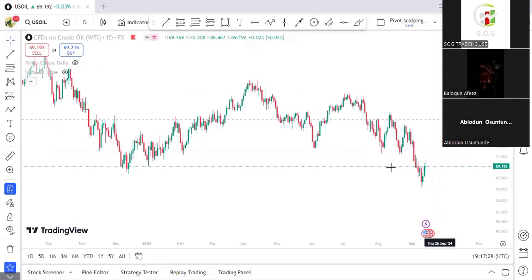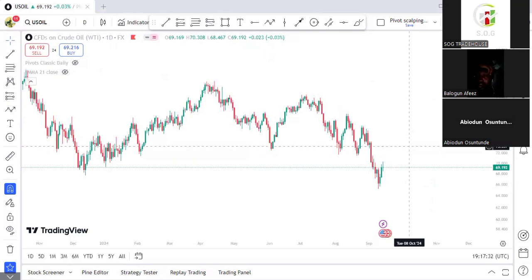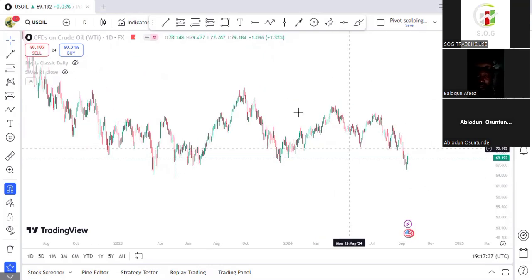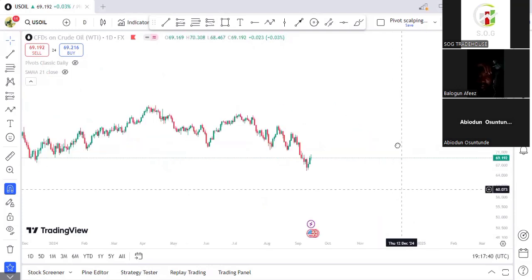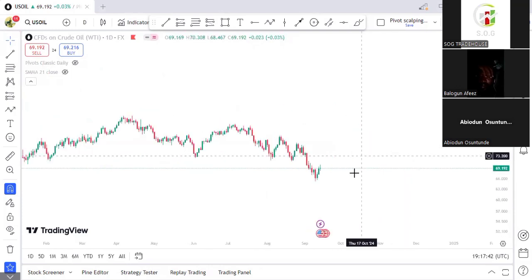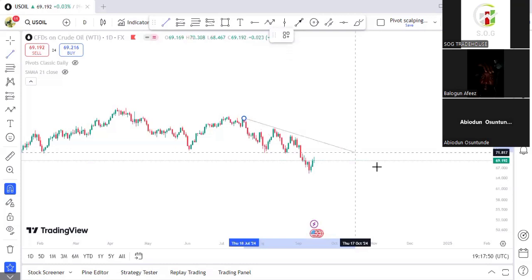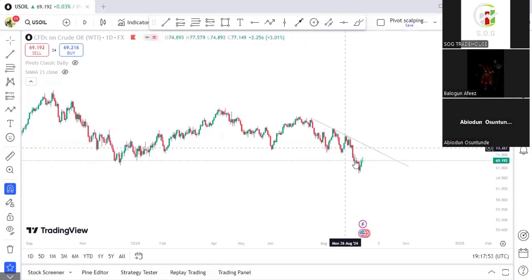So let's analyze it and wait for what the market gives us this week. So on US oil, you can see the market has been trending down for a very long time. So let's connect our trend line on the highs. So there's the first touch, second touch, and then the third touch on the daily time frame.